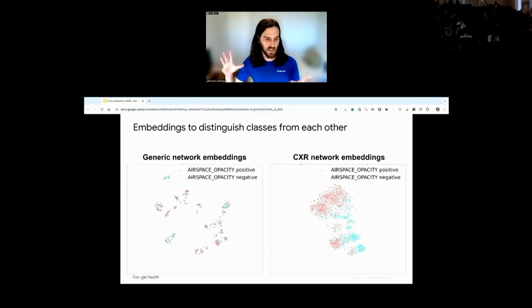So the idea is with this array of numbers, these vector embeddings, you have this already well-organized space where it knows here's where all this type of chest X-ray go, and you can group them in various different ways. And that's essentially all you're doing when you train your downstream models.